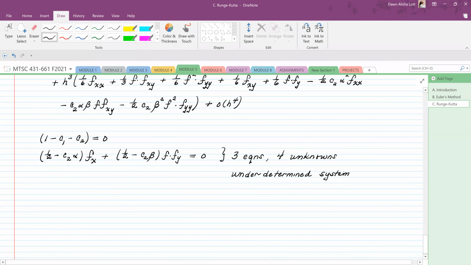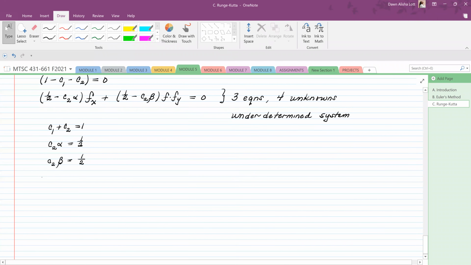Okay, so we have C1 plus C2 is equal to 1. We have C2 times alpha has to equal a half. And we have C2 times beta has to equal a half. And we still need yet something else. So C1 is 1 minus C2.